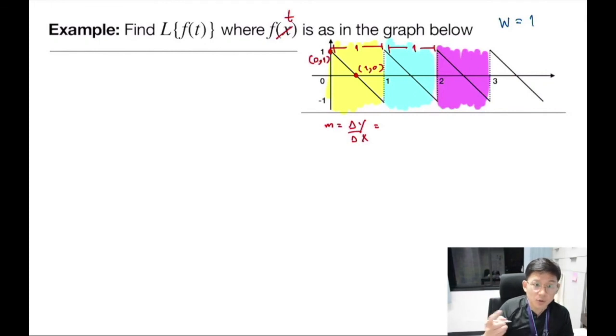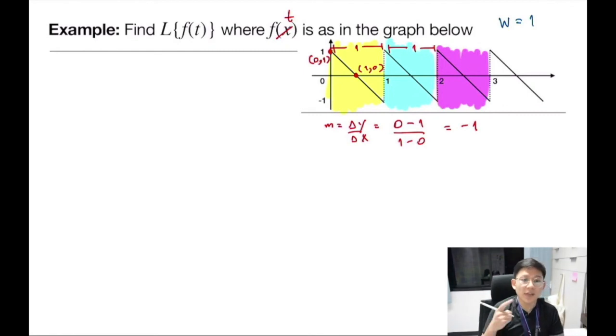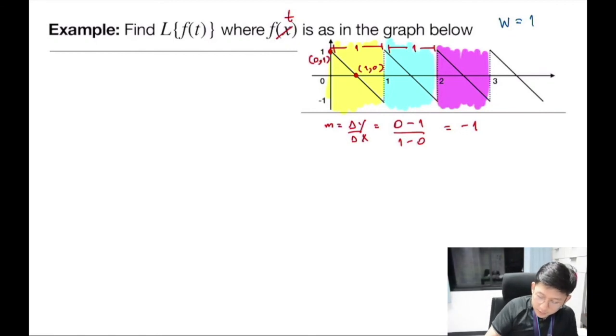Delta y is y of one point minus y of the other point. I'm gonna begin with this point. So I get 0 minus 1 divided by 1 minus 0, and it's going to be minus 1. That is the slope for this line. And then you get y minus y1 is m times x minus x1.